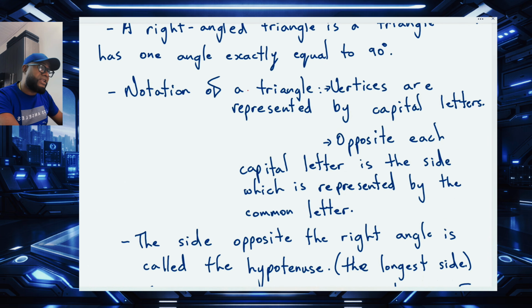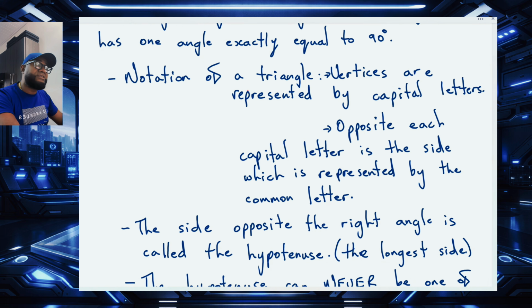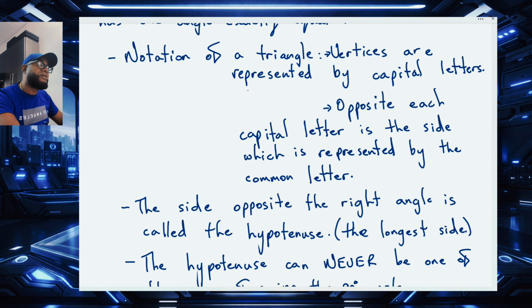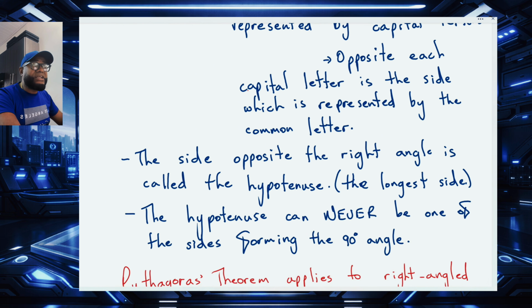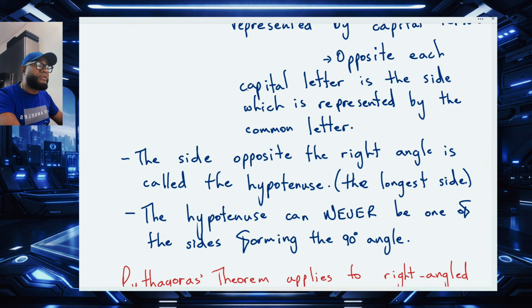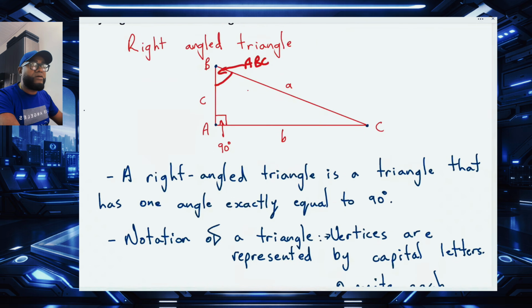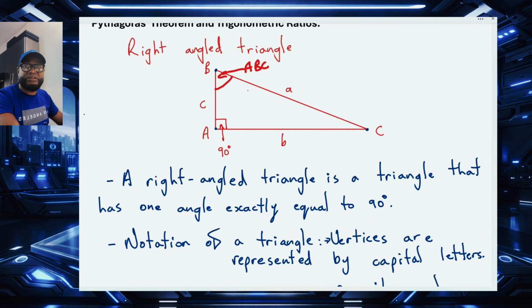I already said that. Notation of a triangle: vertices are represented by capital letters. Opposite each capital letter is the side which is represented by the common letter. So understanding where your common letter is also very important. So you're seeing capital B here. None of the lines forming that angle could be common B. Are we clear?